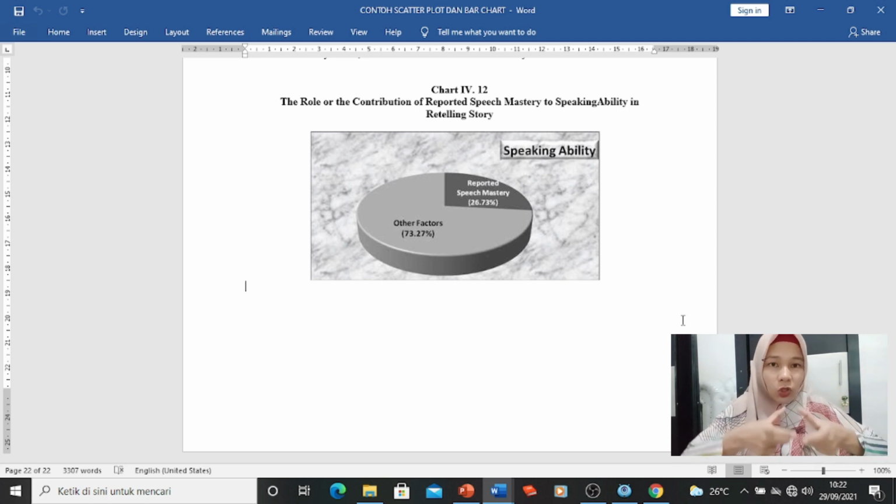But if it is a circle or pie chart, this is going to be very easy for you, because you just need to see the slices of the information. Which one takes a big portion, which one of the slices is the biggest, or which one is smaller. So you mention them all.